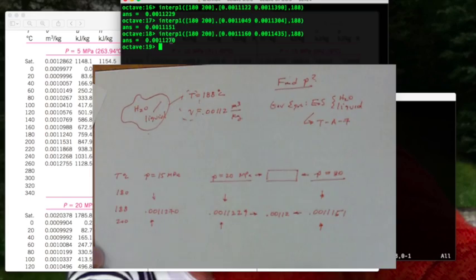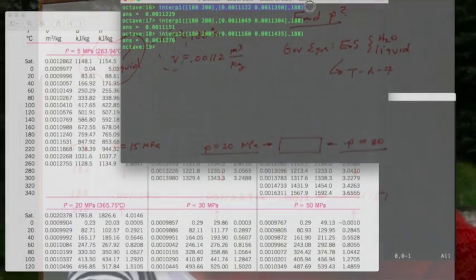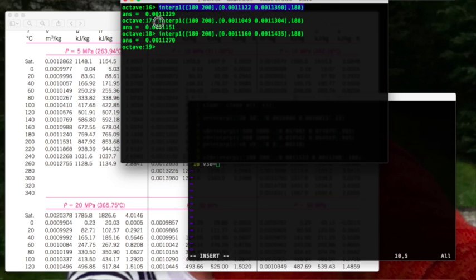So here I would do one last interpolation, and just to make it clear, let's copy and paste this into our code. We had a volume at 20 megapascals that was given to us by this one, and a volume at 30 megapascals that was given to us by this one.